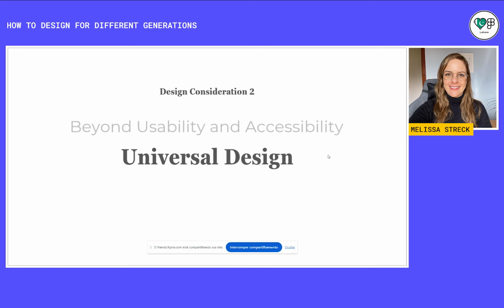The second design consideration, beyond usability and accessibility, is universal design. I don't know if you are familiar with this term. Universal design is something that we are always looking for when we design for a broader user group.